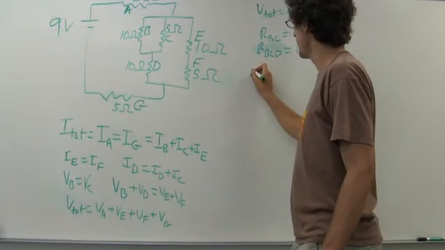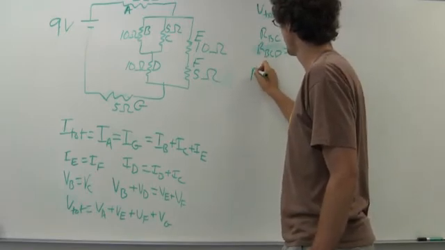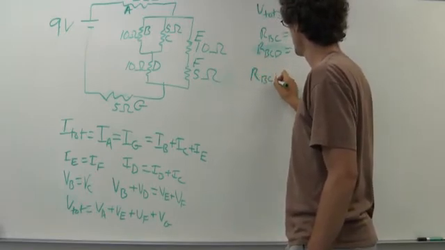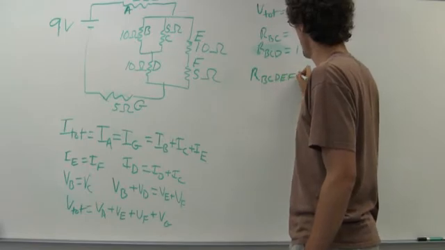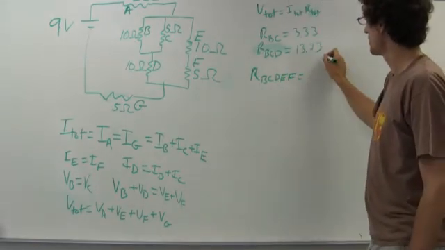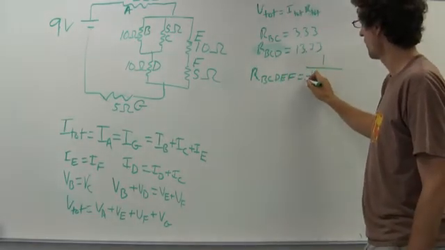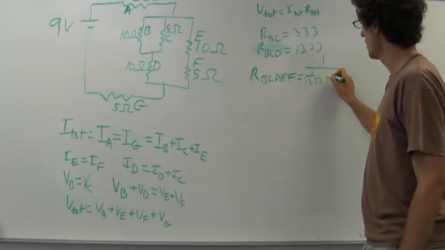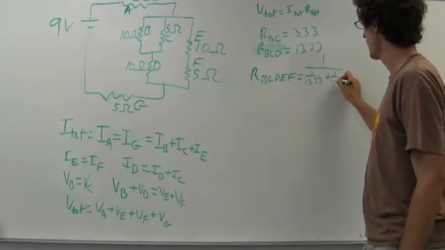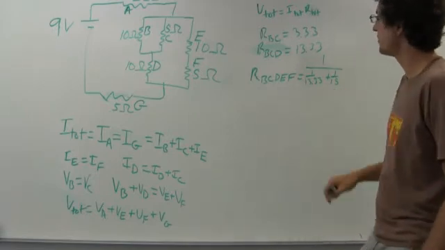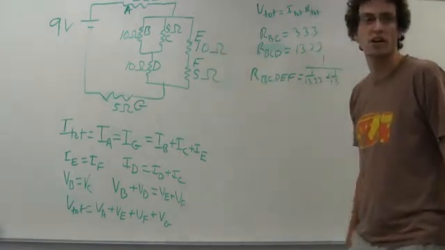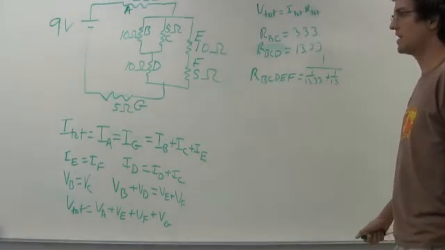We then know that R B, C, D, E, F is going to be 1 over 13.33 plus 1 over 15. And again, the reason I'm using 15 there is because I know these two together are 10 and 5, or 15 together.